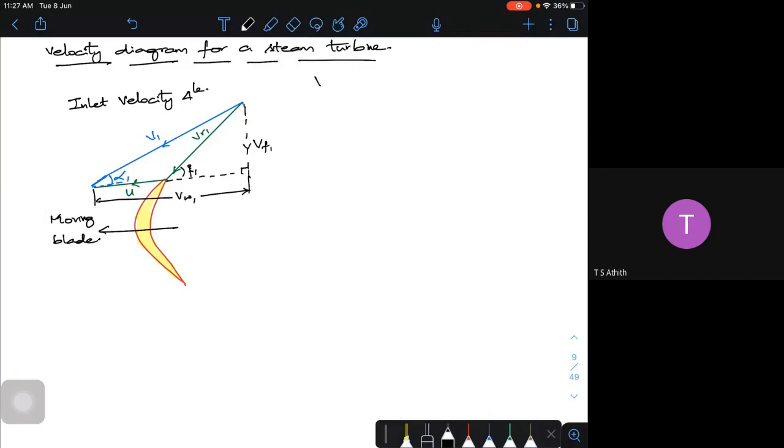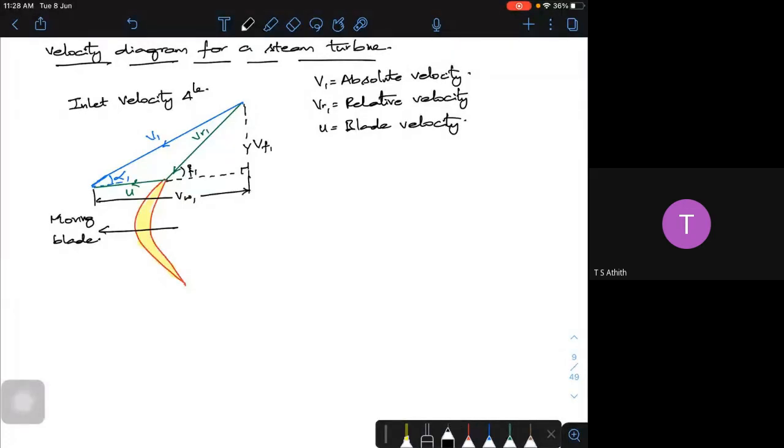Now, V1 is equal to the absolute velocity. VR1 is equal to the relative velocity. All are at the inlet, as the subscript 1 means. U is the blade velocity or peripheral velocity, the velocity with which your blade will move.